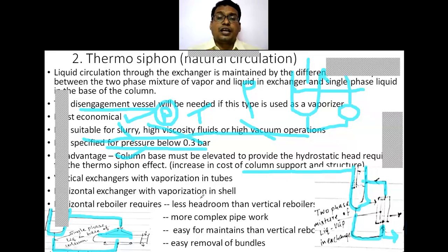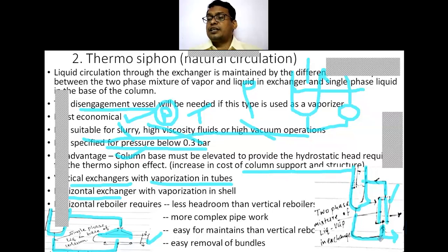Then there are vertical thermosiphon reboilers, as well as horizontal thermosiphon reboilers. So two types in this. Now when it's a vertical exchanger, the vaporization takes place in the tubes. Now this is a vertical and this is a horizontal shell and tube heat exchanger. In the case of a vertical heat exchanger, the fluid enters inside the tubes.